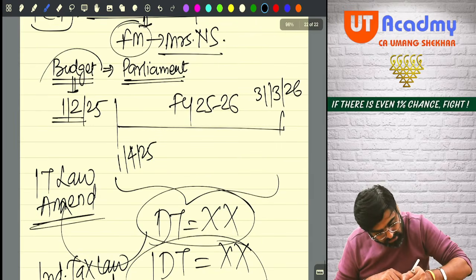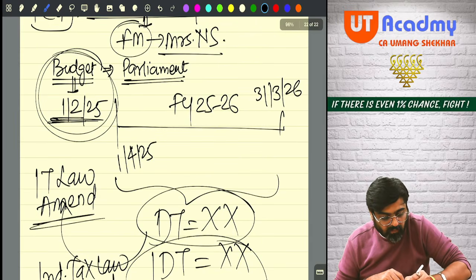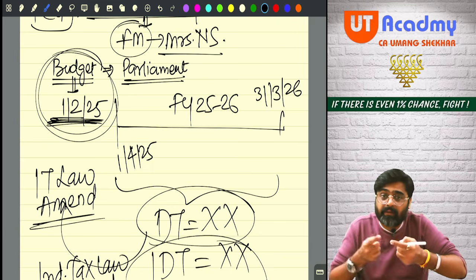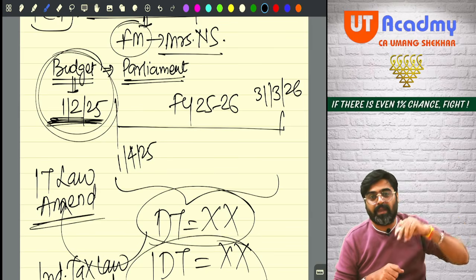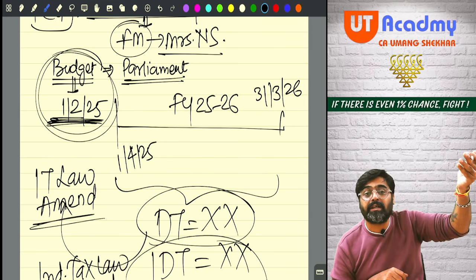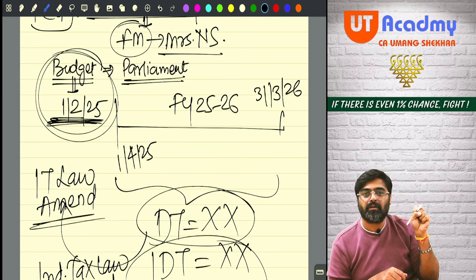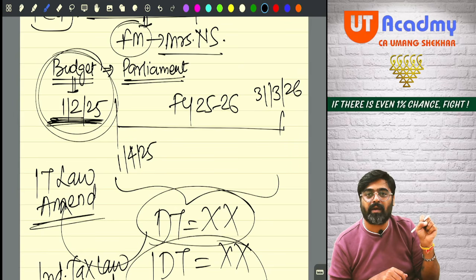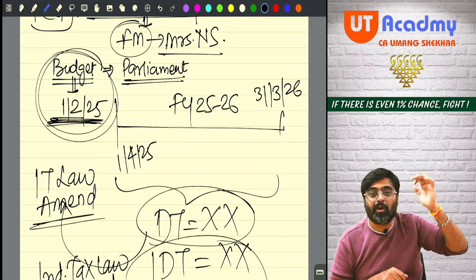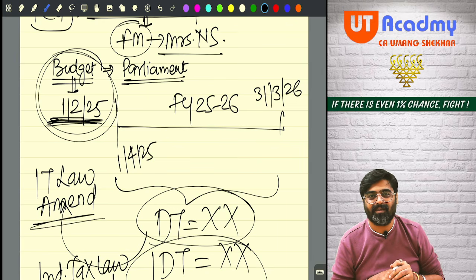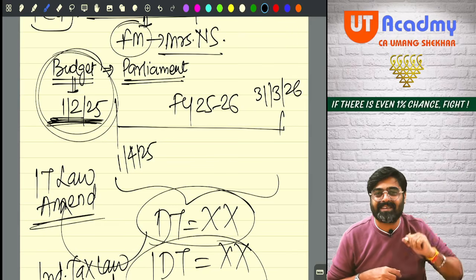So in the budget on 1st February 2025, the finance minister will speak that in the next year we are planning to collect this much direct tax. But this much direct tax will be collected provided these amendments are made in the direct tax law, which will be applicable for the next year.